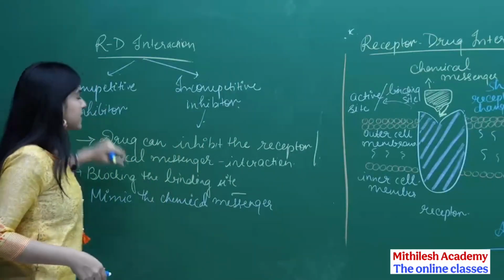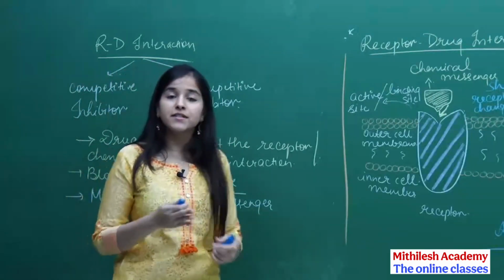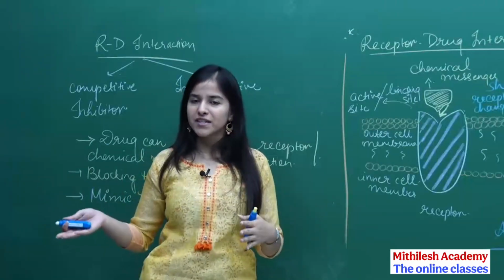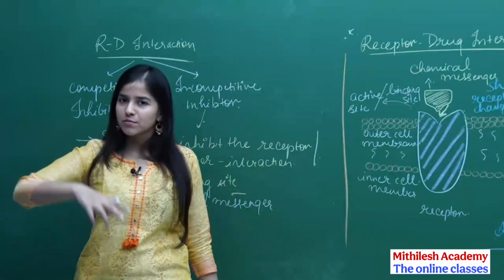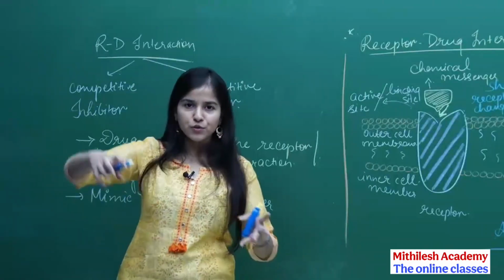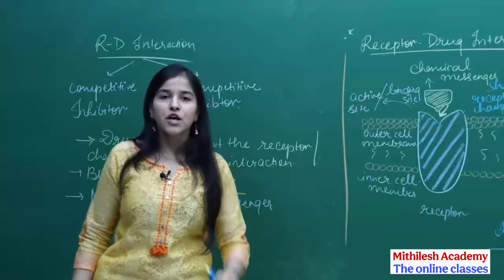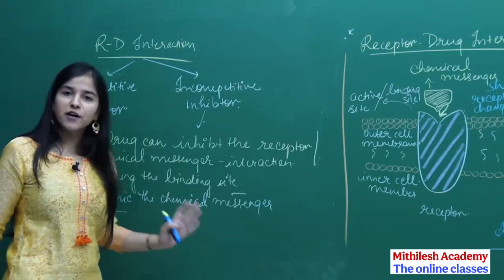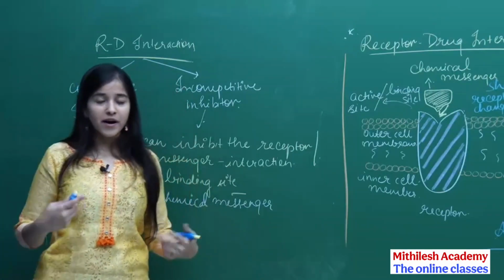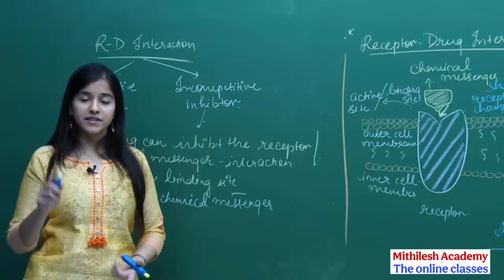And what about the competitive? Again, it is actually serving as a competition between the substrate and itself. So what is happening? What is the substrate over here? That is the chemical messenger which is going to bind on to the receptor. So basically what it is doing is mimicking the functions of the chemical messenger. It is trying to act like a chemical messenger, but it is not.